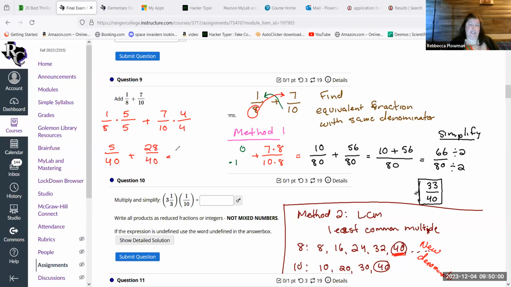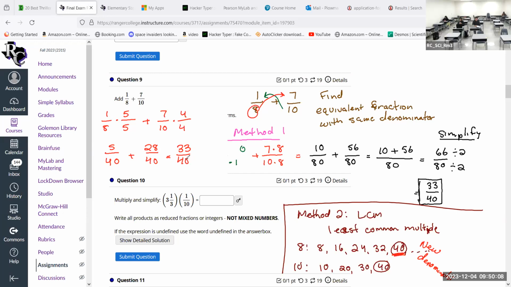If I add those together, I'm going to end up with 33 over 40. Okay. So the one I have for 10, I actually made a little easier than what we have here. But like I said, we need to find equivalent fractions of the same denominator only when it's addition or subtraction.